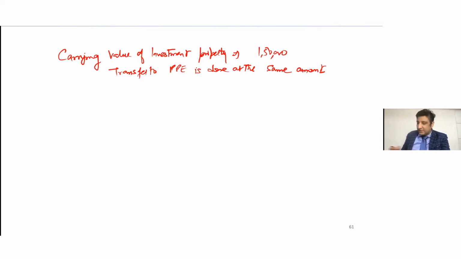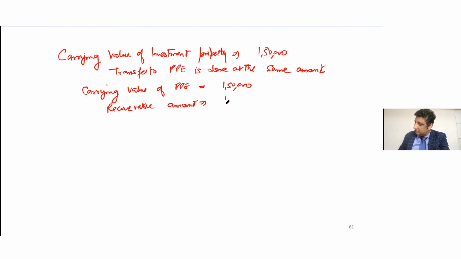All right. Now, as on this date, the carrying value of the property, plant, and equipment will be 1,50,000 versus that the recoverable amount is given as 1 lakh, which means that we need to recognize a loss of 50,000, right?